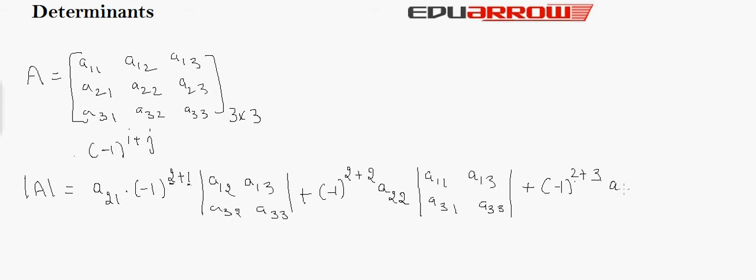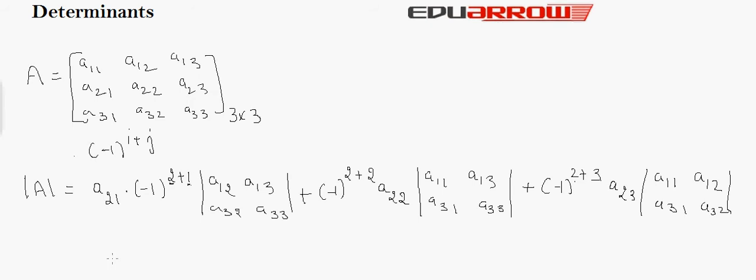Here the common element is A23 and the remaining elements are A11, A12, A31 and A32. This is a generalized way of finding the determinant of order 3 along the second row.